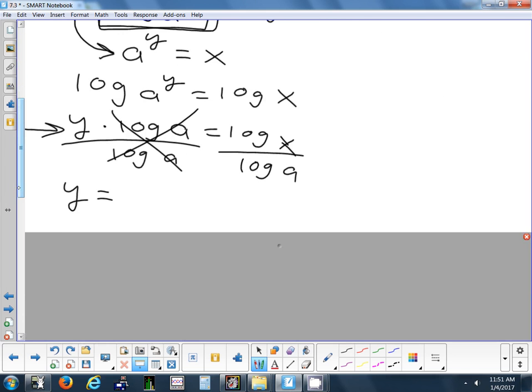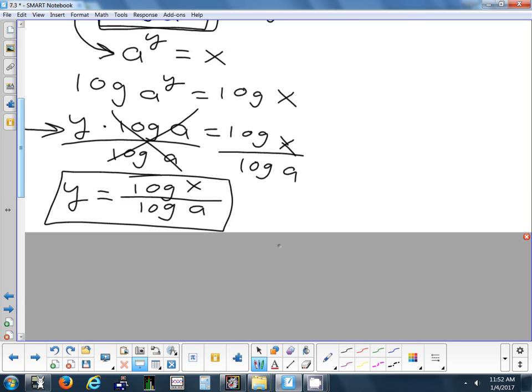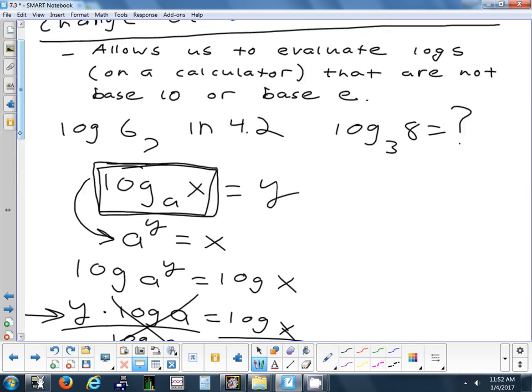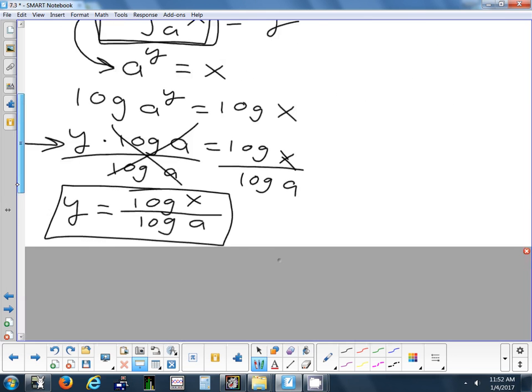Now I've got something here I should know how to type in, because what's the base on each of these logs? It's 10. It's not a anymore. It's just a 10.